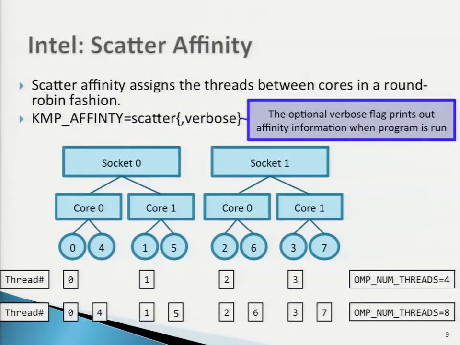Then if we ask for 8 threads, it keeps the pinning we had before, goes back to the start in a round-robin fashion, and threads 4, 5, 6, and 7 get placed on the remaining hardware threads in the machine.